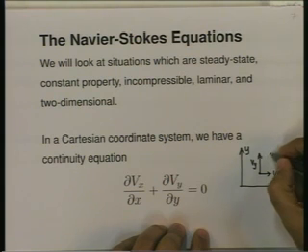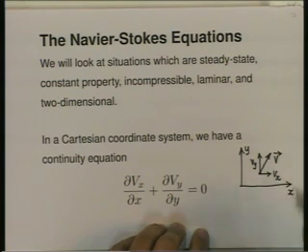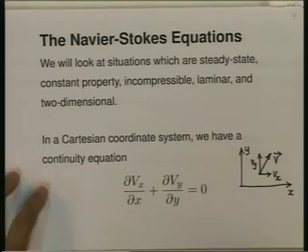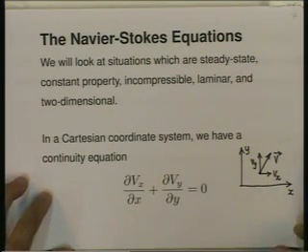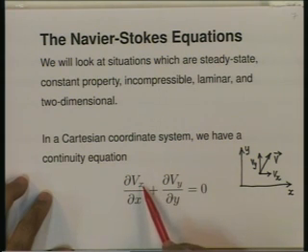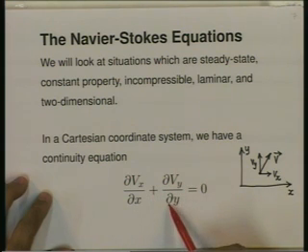If you want to show the resultant velocity, V will be a vector. The continuity equation representing conservation of mass in this simplified case looks as follows. Partial derivative of Vx with respect to x plus partial derivative of Vy with respect to y is 0.